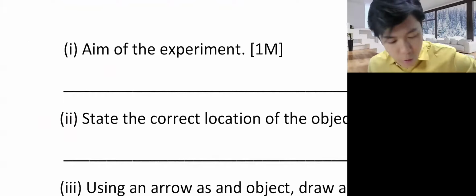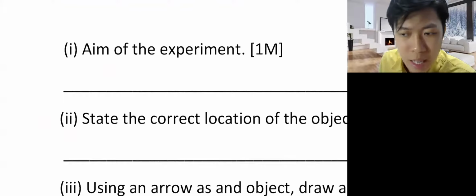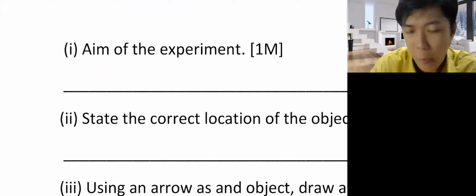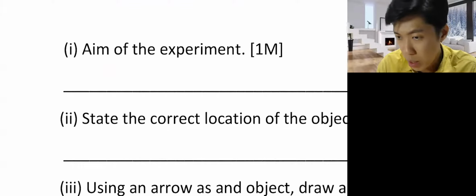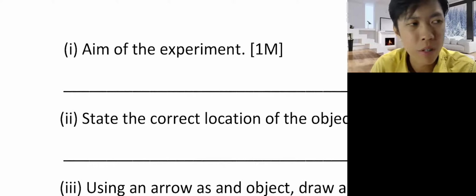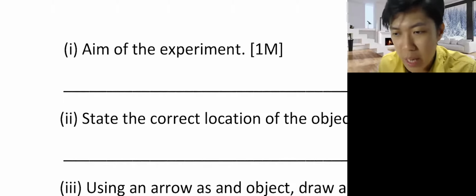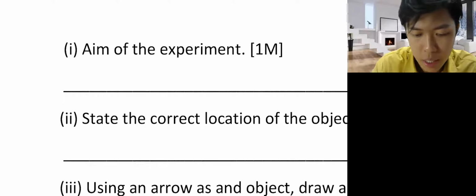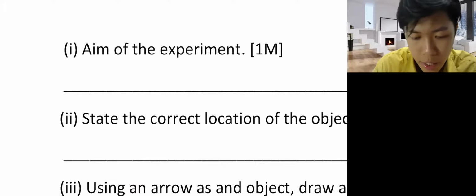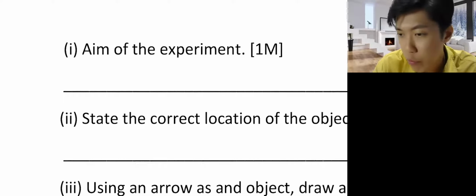For your aim, instead of writing "to study", which is a bit weird because you're not trying to study any results, we write "to find out". To find out the position of the object so that a magnified real image can be formed.